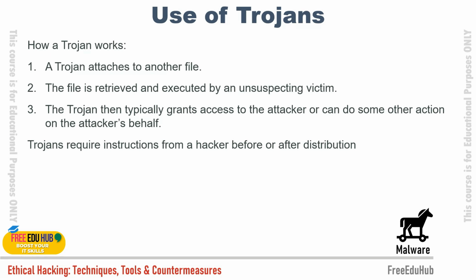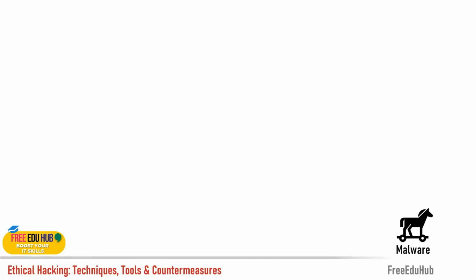Now, how does a Trojan work? It can attach itself to a file. The file is retrieved and executed by an unsuspecting victim. The Trojan then typically grants access to the attacked computer and can do other operations. A Trojan requires instructions from the hacker before it would start the distribution process.